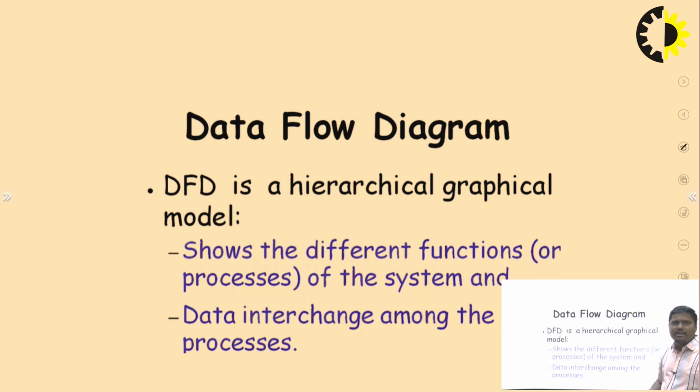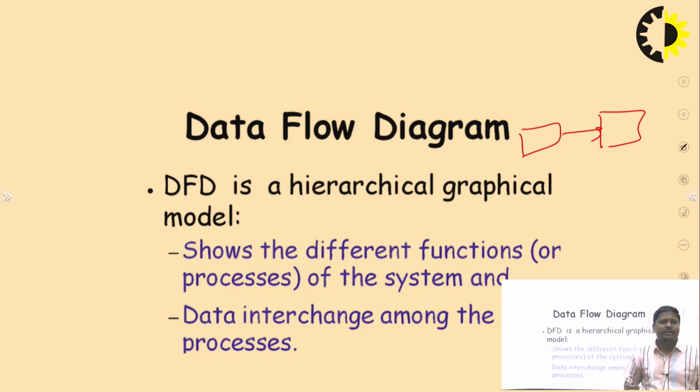It is a hierarchical graphical model that shows the different functions or processes of the system and how data is interchanged among the processes. What data is interchanged from one process to another, we can show through the DFD, the data flow diagram.